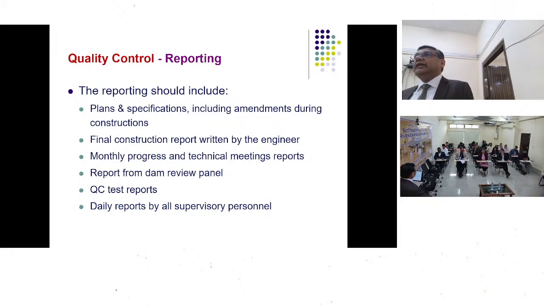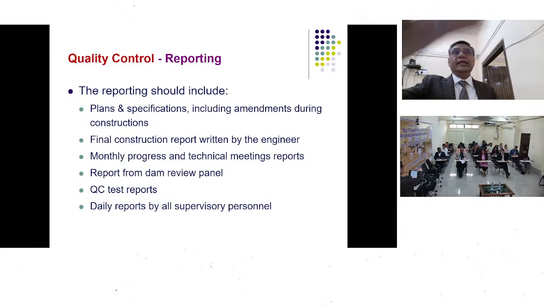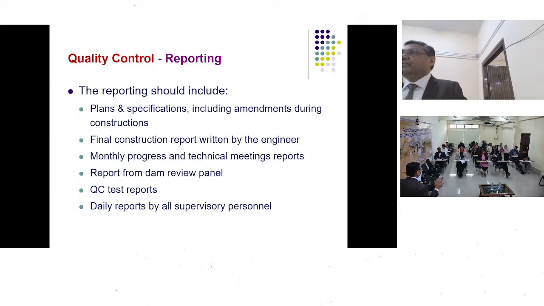The amendment drawing is there with the constructing agency. He does the amendment based on that amendment drawing and the project is completed. And this does not become the part of the record. So finally in the record what is available? You are getting the original drawing which is there. And the amendment goes down the memory lane.